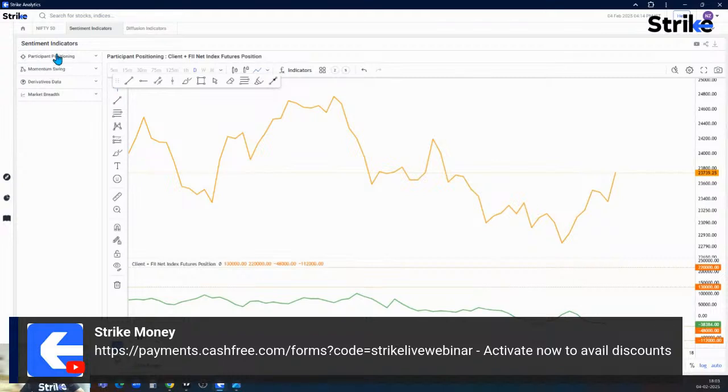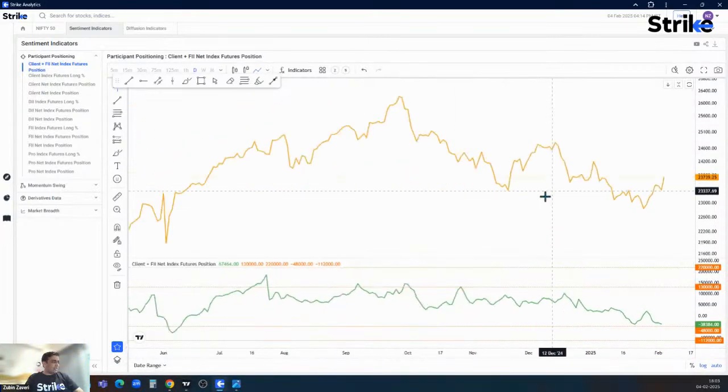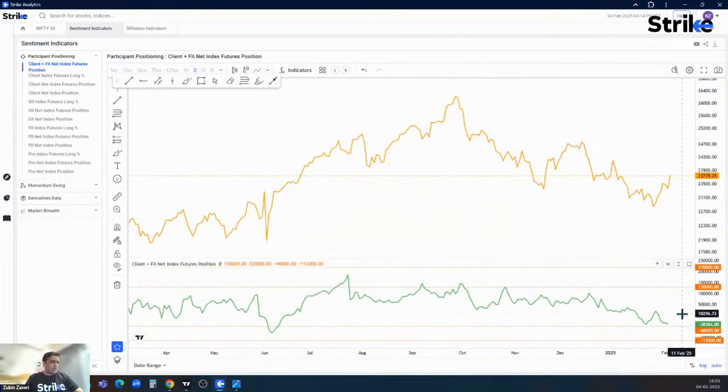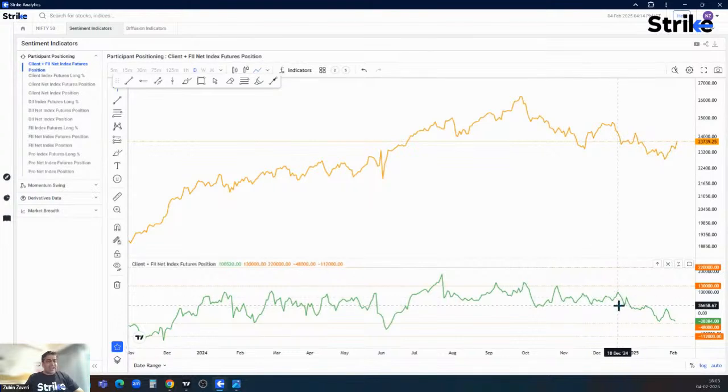So let's start off with the participants positioning. The first and the very most is the client plus FII net index futures position. You can see that there is one green line on the bottom, and that is client plus FII net index futures position. All right. So overall, client meaning the retail traders like you and me, we are clients.